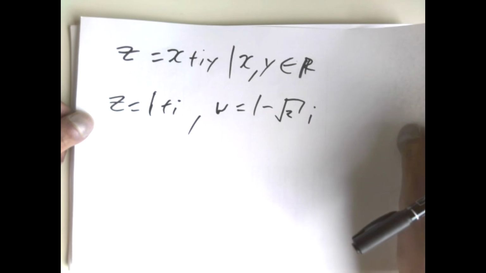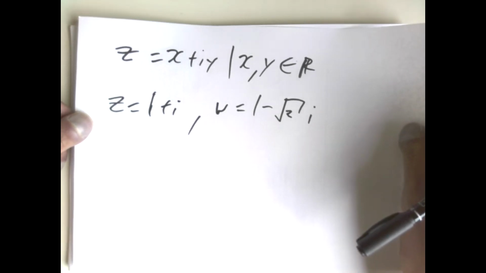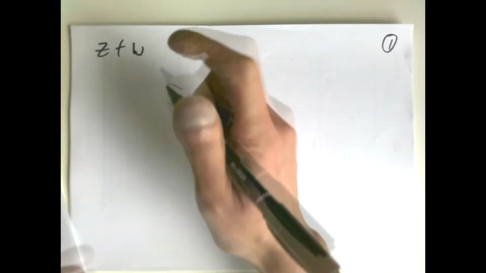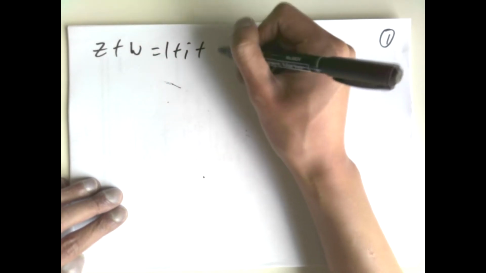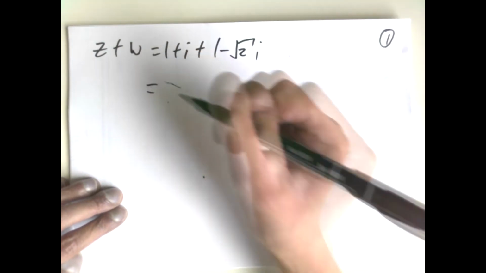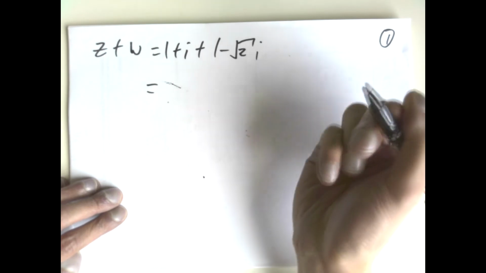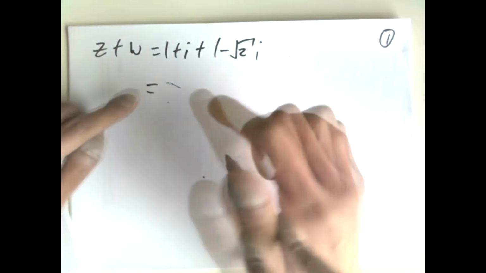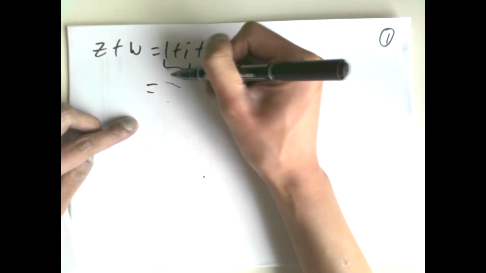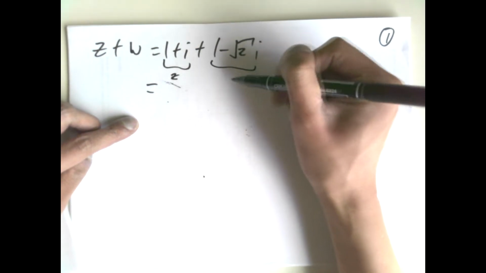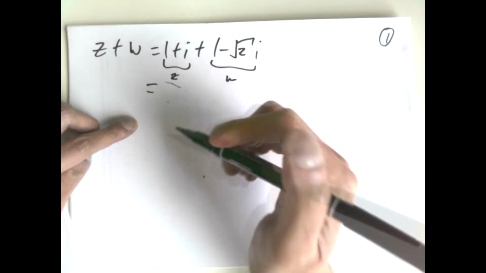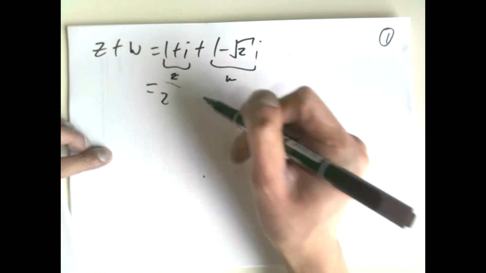Because z is going to be 1 plus i and w is going to be 1 minus root 2 i, how we carry out the addition is we add the real parts, so 1 plus 1, 2.